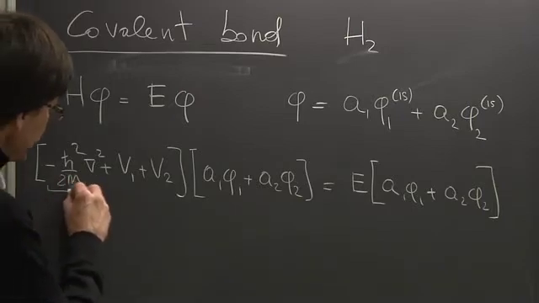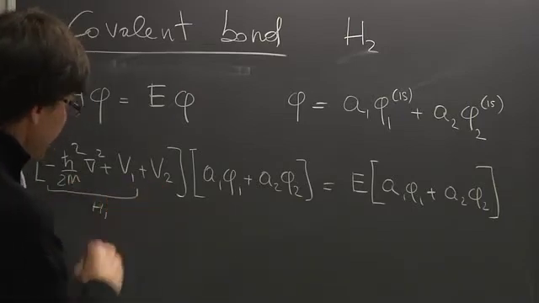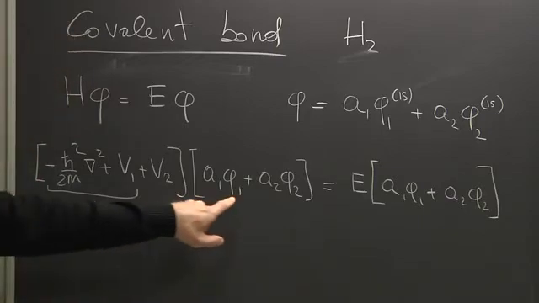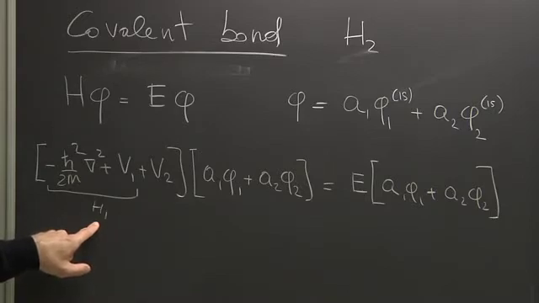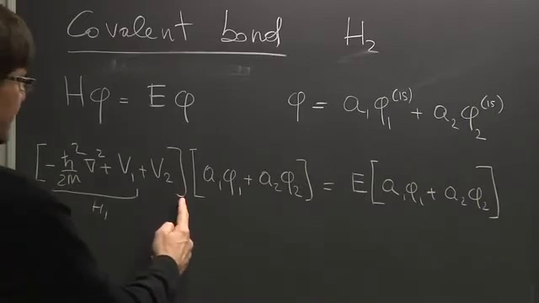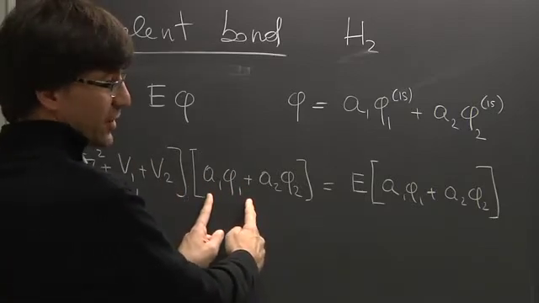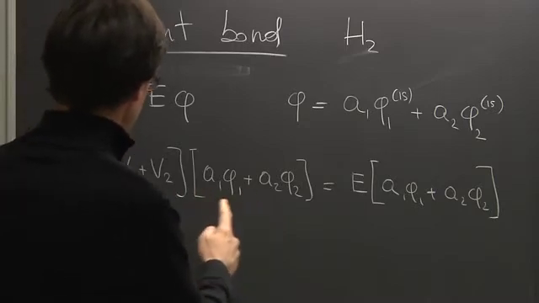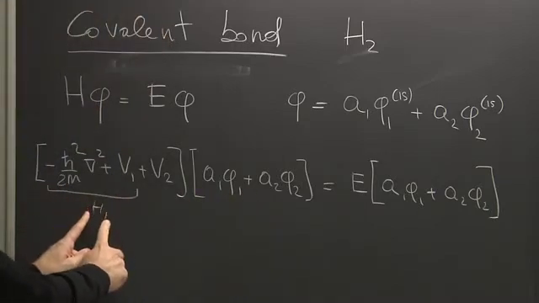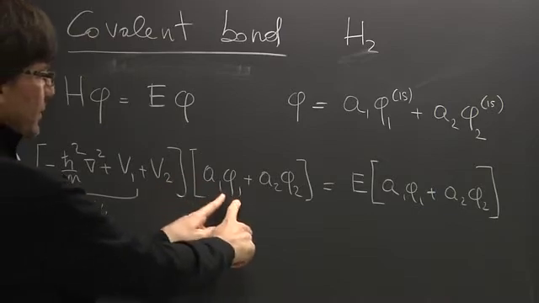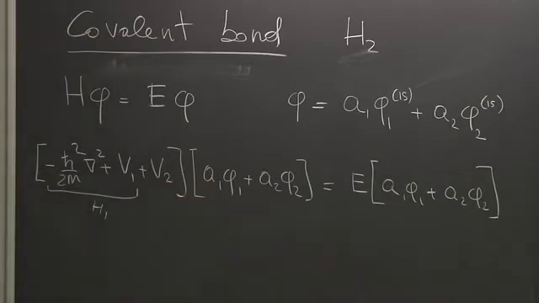Again, this is H1. And I know that phi 1 is an eigenstate of H1. So when I apply this expression to the first term, let me do H1 plus V2 times phi 1.